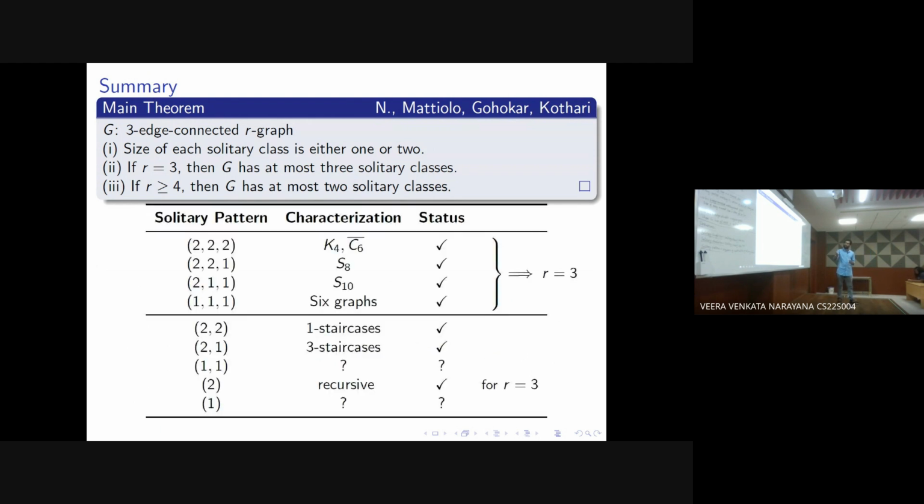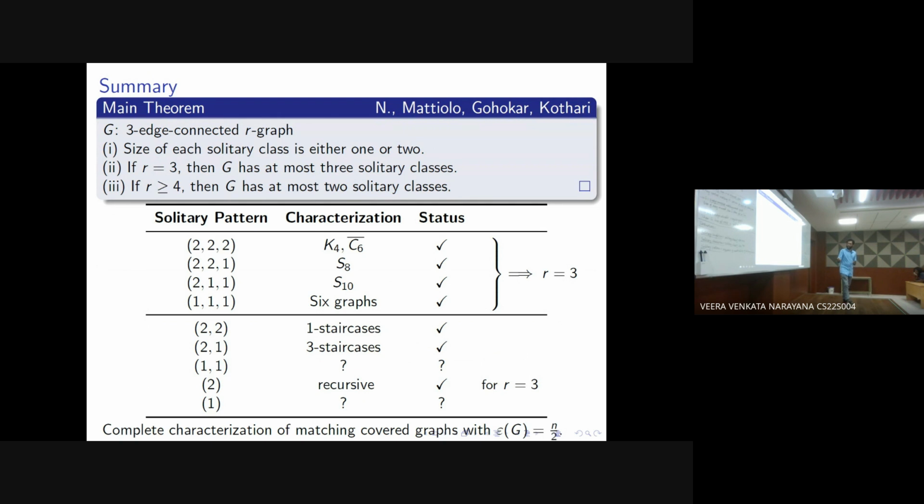And we also gave a complete characterization of all of these patterns except for 1,1 and 1, and for pattern 2 only for the case of R equal to 3. And we also gave a complete characterization of matching covered graphs with the largest equivalence class size n over 2.